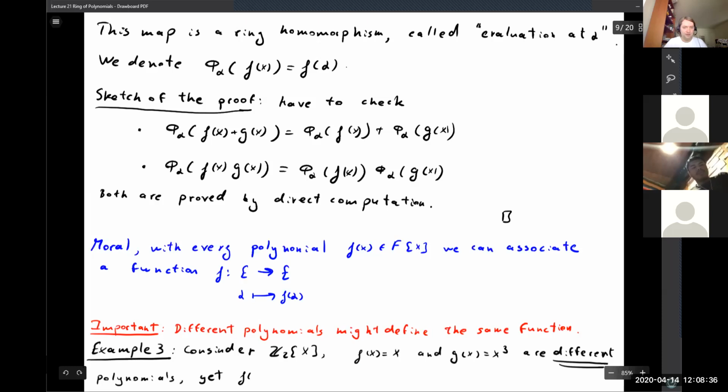Yet f of 0 equals 0 equals g of 0, and f of 1 equals 1 equals g of 1.